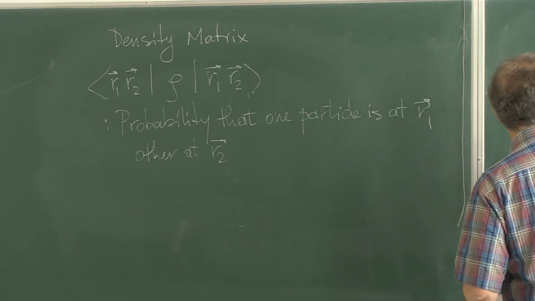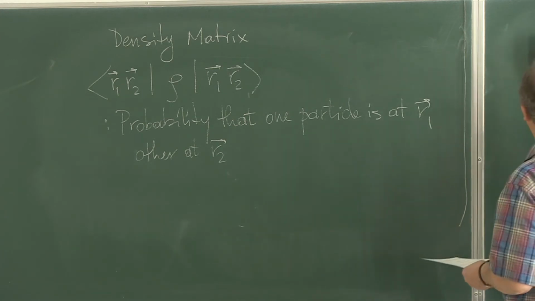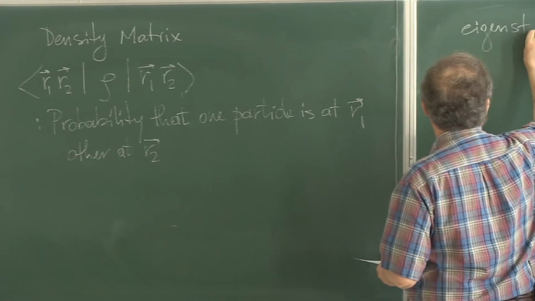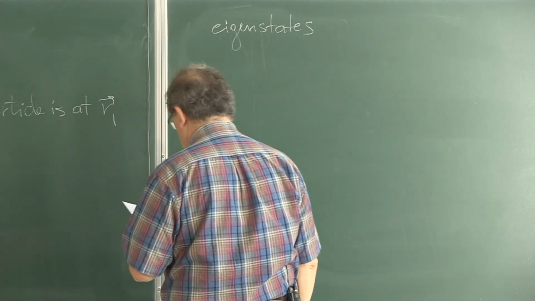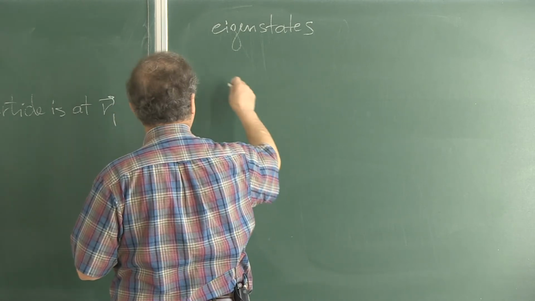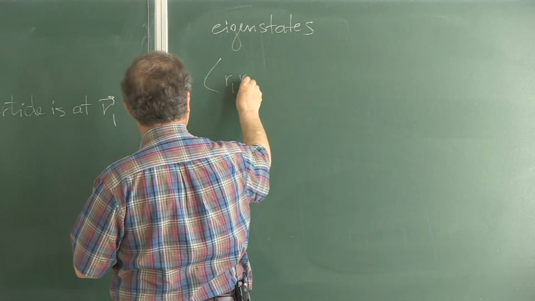So here is the way you write it. Eigenstates. You need that. There's R1, R2. Symmetrized plane wave states in terms of plane wave states.